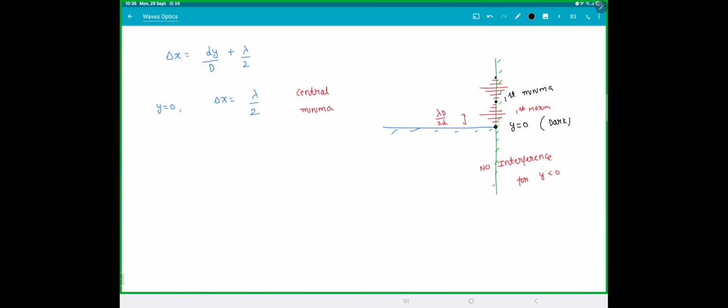And then you get a second minima and so on. So the fringe width will remain the same. Only the whole pattern has shifted up. And there is no central maxima here. Clear with this? So the first maxima you will find in the place of the first minima in a regular YDSE. All clear with this?